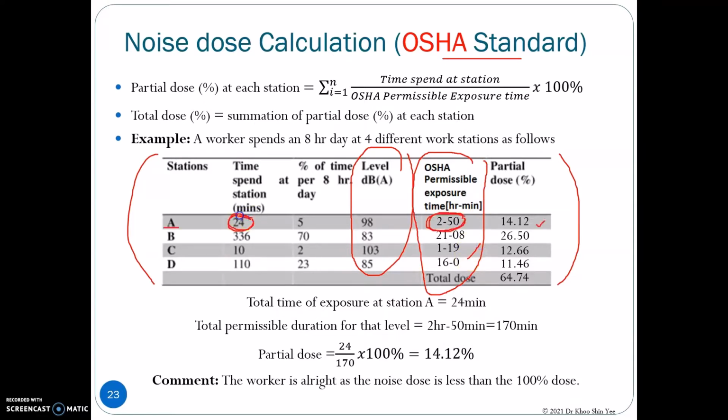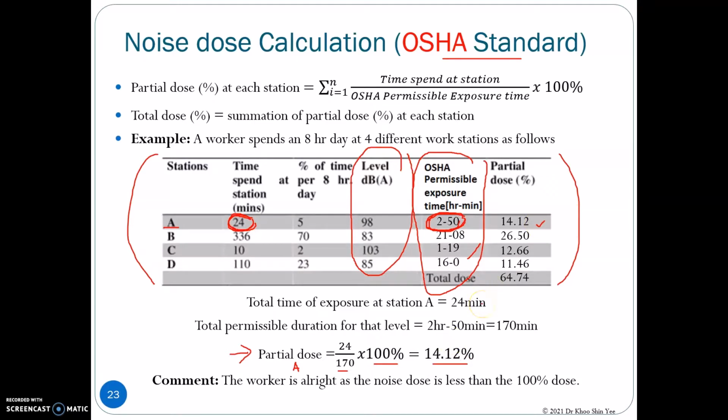By taking the time spent at station A and dividing with the OSHA permissible time and multiplying it with 100%, you can obtain the partial dose at station A, which is equal to 24 minutes divided by 2 hours and 50 minutes. If you convert to minutes, you should obtain 170. And after you multiply with 100%, you should obtain 14.12% of the partial dose.